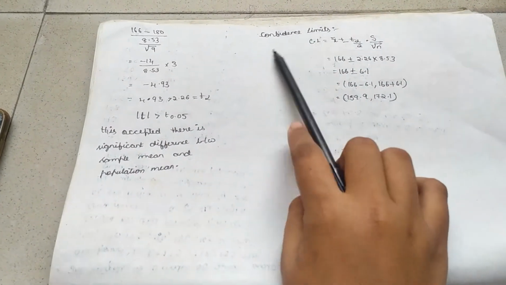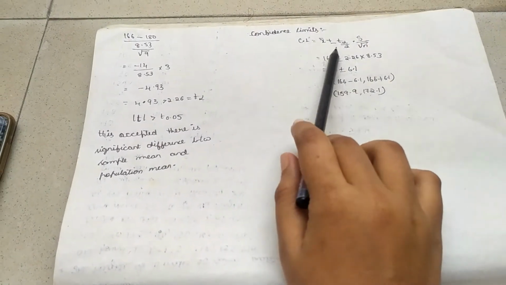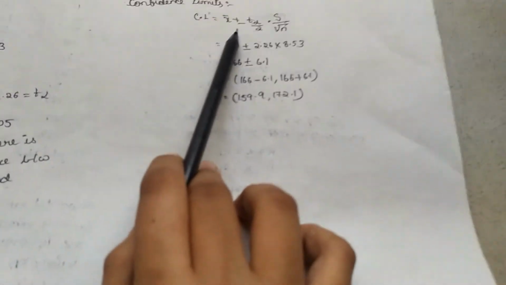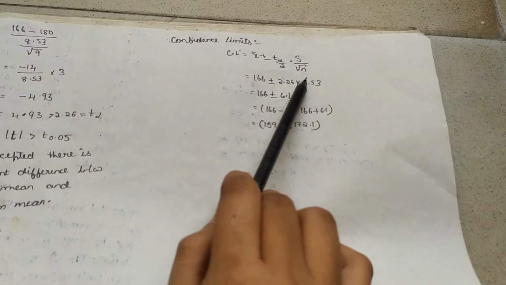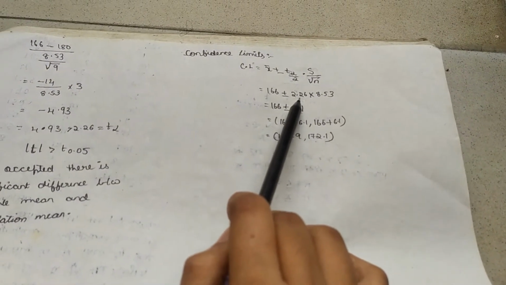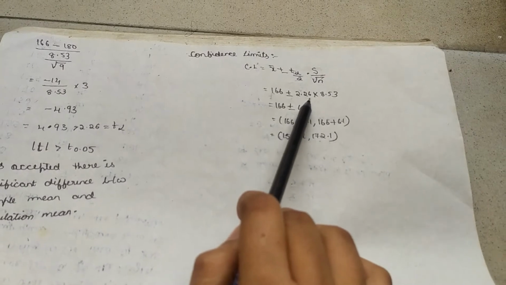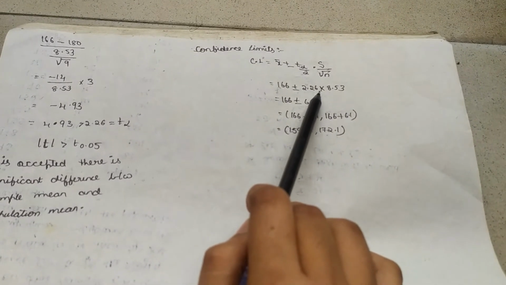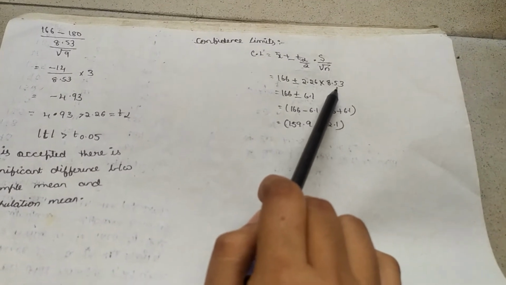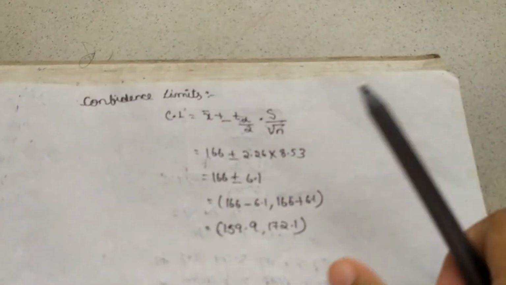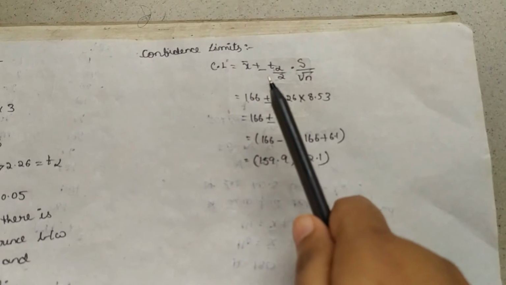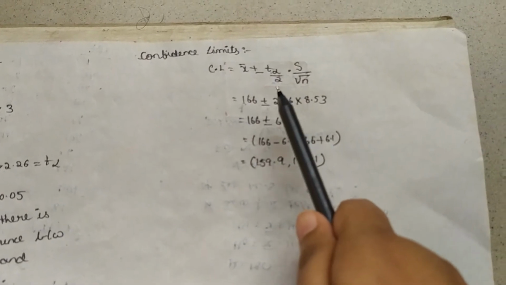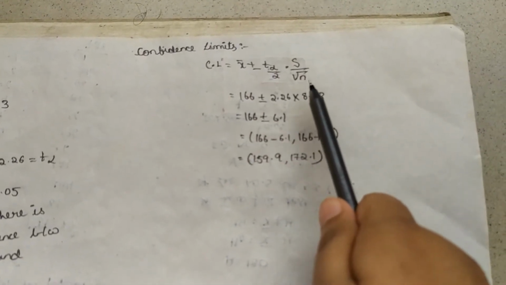So how do we find the confidence limit for this value? The formula is x bar plus or minus T alpha by 2 into s by root over n.